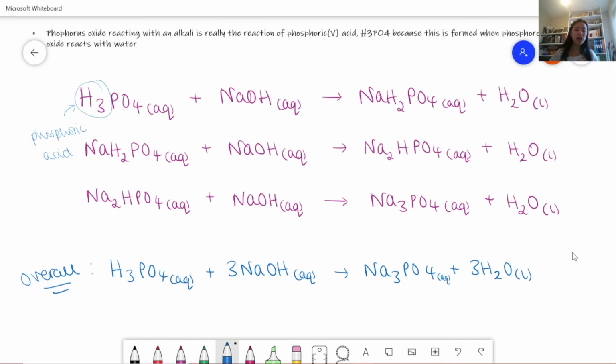So if they ask for the overall equation, then remember that we need to add 3 sodium hydroxides, because the phosphoric acid has 3 H+ that it can give away to the base. And what's important for the exam is just to remember all of these equations.